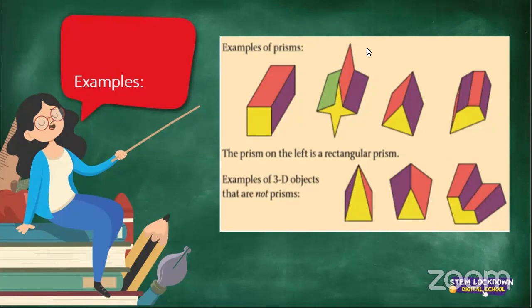No, Donovan, we're looking at the ones at the bottom. There are examples, but I put in ones that are not prisms so that we can identify them. I do see that some learners are saying no, they're not prisms, so we are on the right track. Let's move on to our next slide.